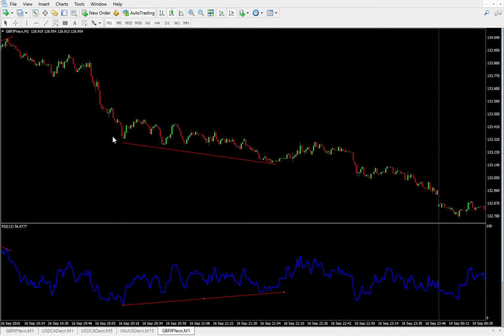What I mean by that is, you see obviously here we have a downward sloping trend line, and this is all still valid because we have an upwards sloping trend line. You want to keep connecting the dots until this slope is going in the same direction as your trend line on your price.